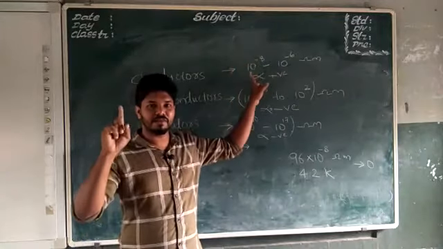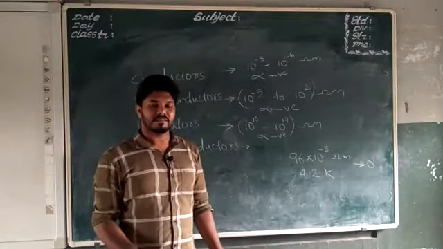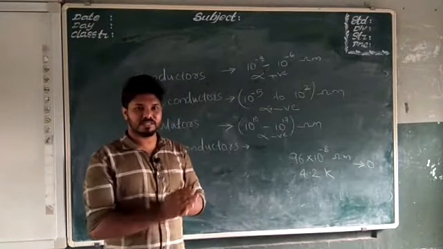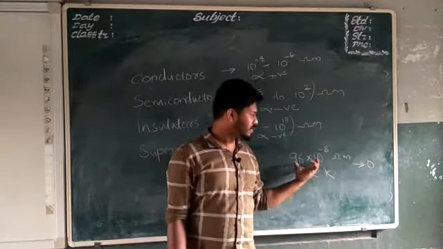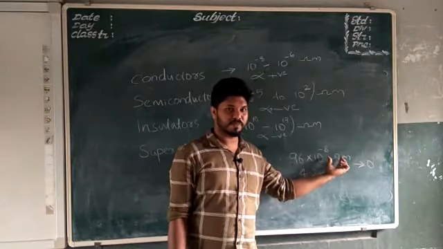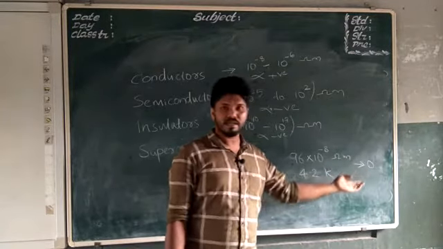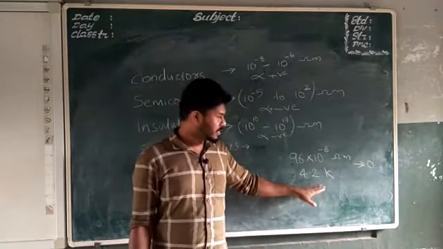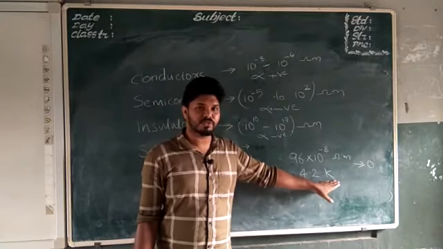That is why silver, 1.6 into 10 raised to minus 8, comes first in the list, because it has such a low resistivity value. So here, from 96 into 10 raised to minus 8 ohm meter, the resistivity changed into 0, when the temperature was changed to 4.2 Kelvin.